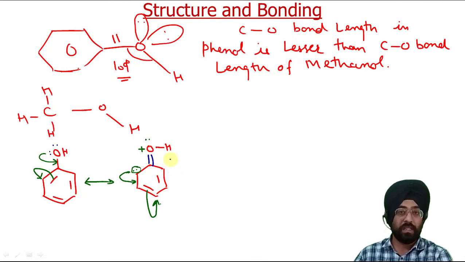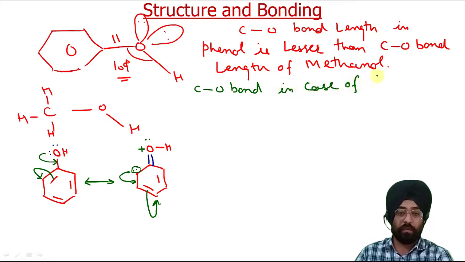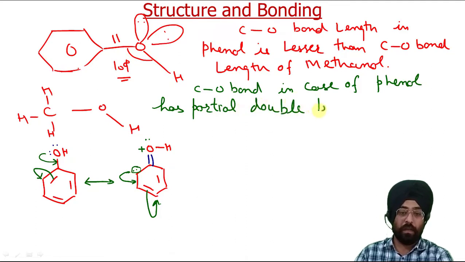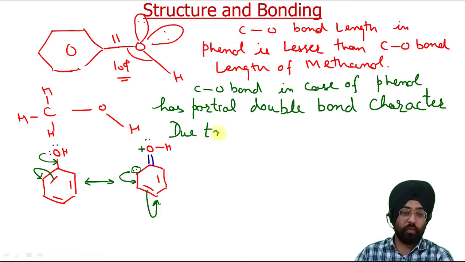But here you can see that because of these resonating structures, this carbon oxygen has partial double bond character. CO bond in case of phenol has partial double bond character due to resonance.